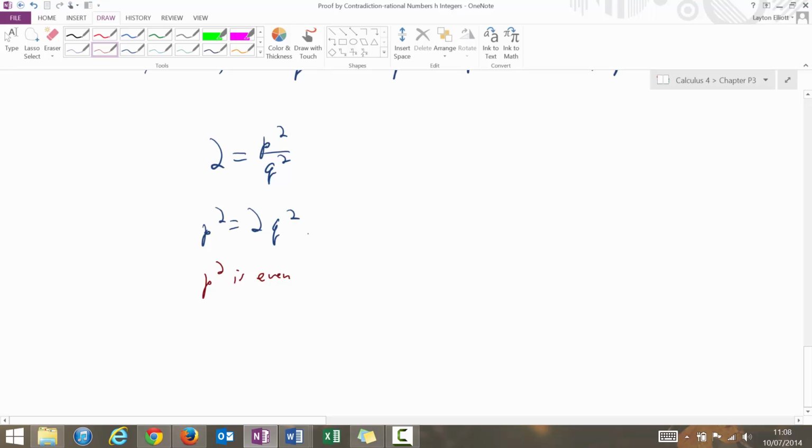Since p squared is equal to 2 times something, p squared is even, this means that p is even. Here's the back and forth part. Because p is even, this means that p is equal to 2 times a, for some integer a.